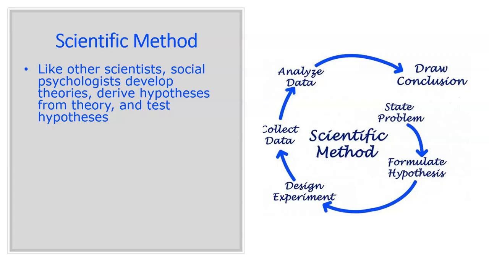Then we formulate predictions based on theory and previous research for what we expect to find as the answer to that question. Then you have to design a study. It may be an experiment, a quasi-experiment, a correlational study, or one of 100 different techniques, but you have to design it so that those hypotheses can be tested.